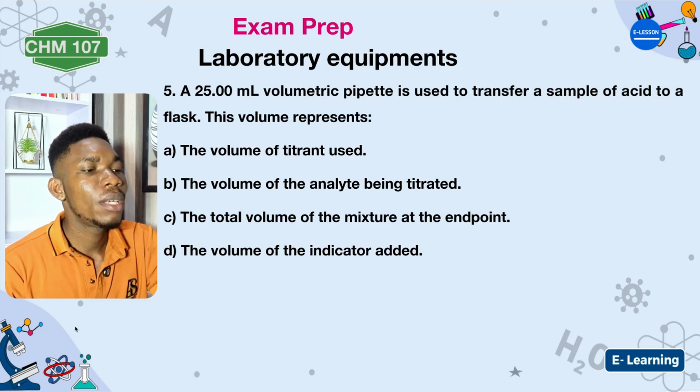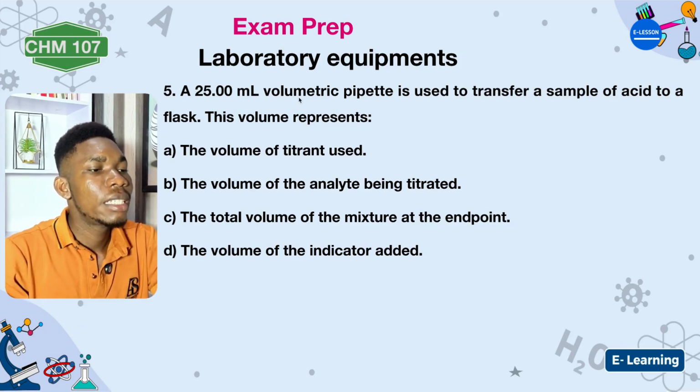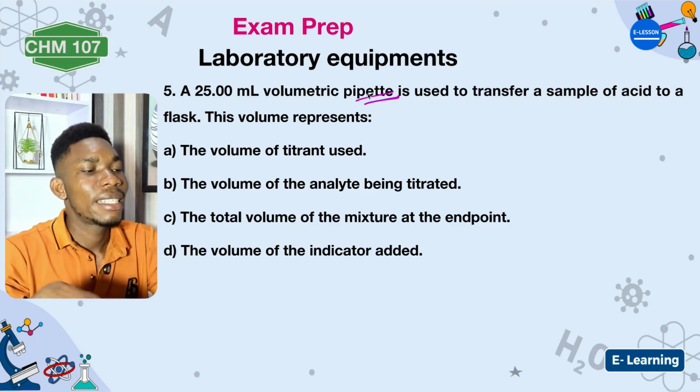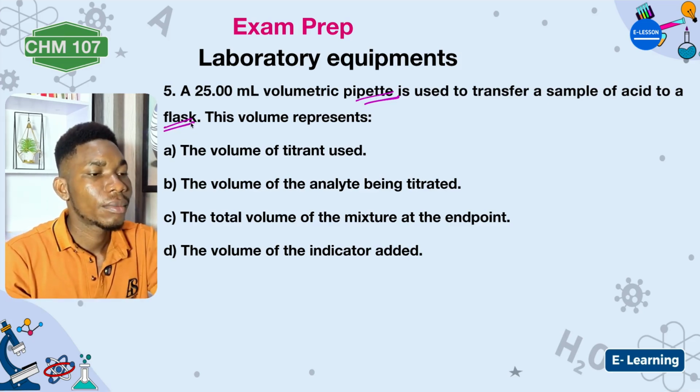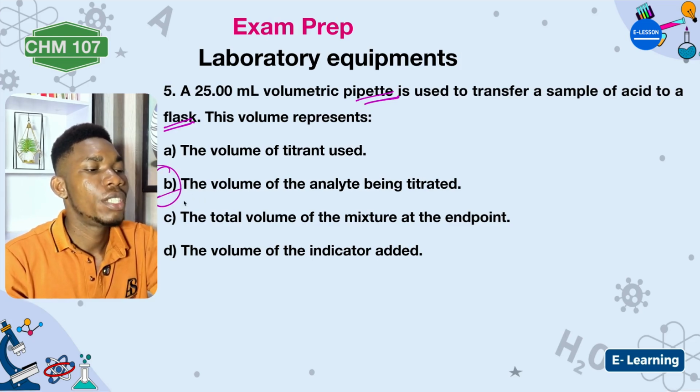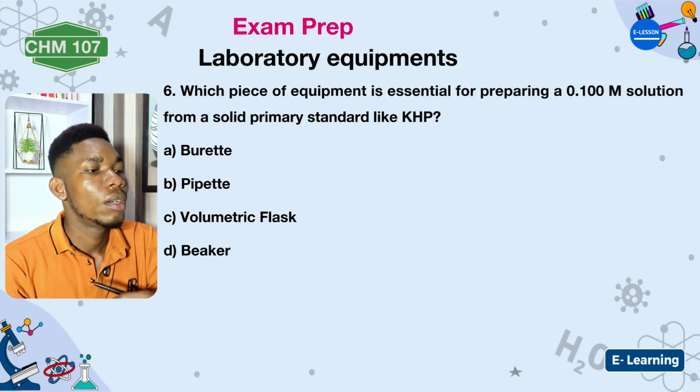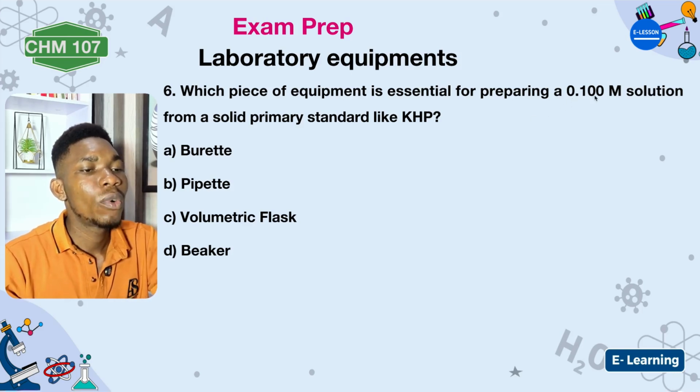A 25 ml volumetric pipette is used to transfer a sample of acid to the flask. This volume, you said the pipette is what transfers the analyte into the conical flask. So the volume is the volume of analyte being titrated. All right? Exactly. Which piece of equipment is used for preparing a 0.1 molar solution from a solid primary standard like KHP?